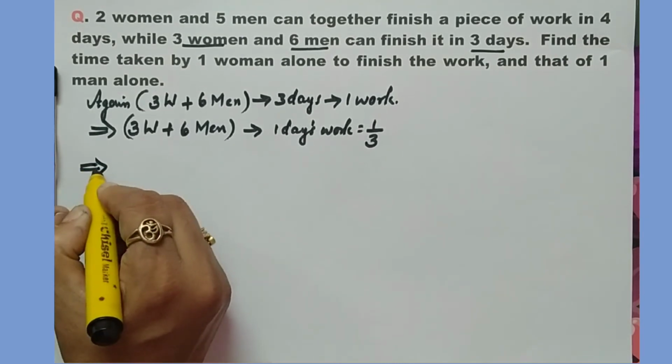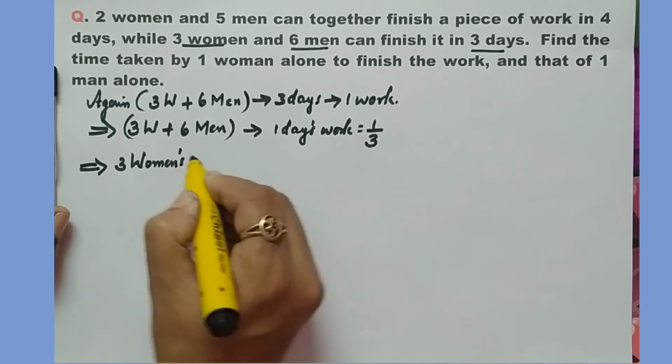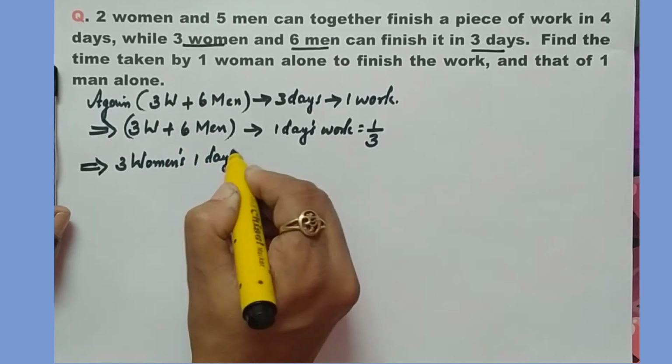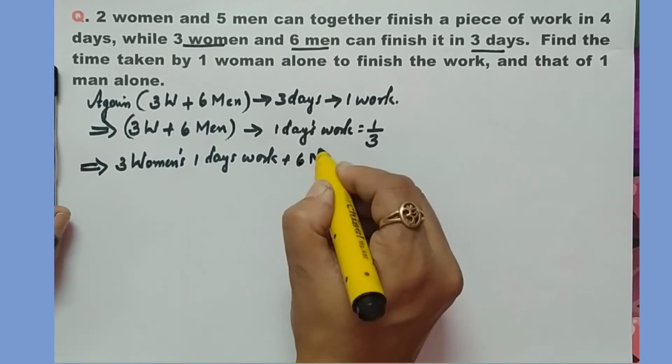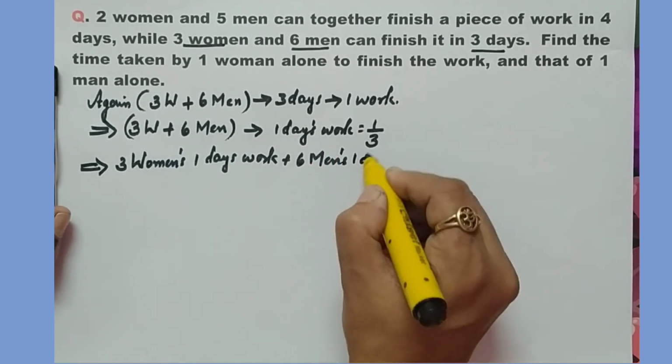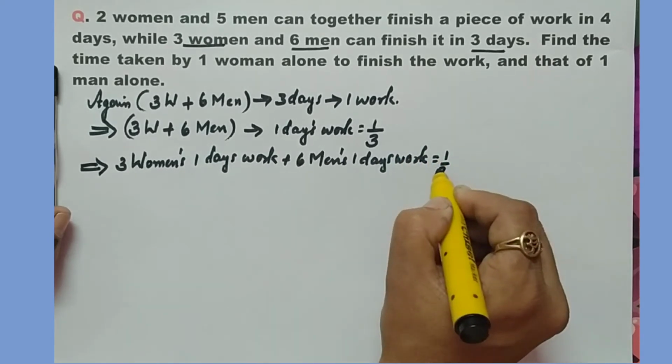What this means is 3 women's 1 day's work plus 6 men's 1 day's work is given to us as 1 by 3.